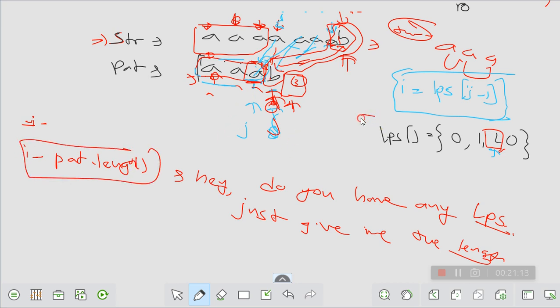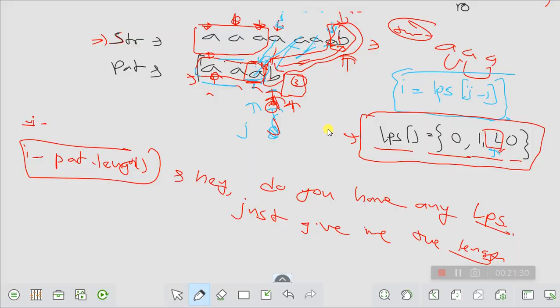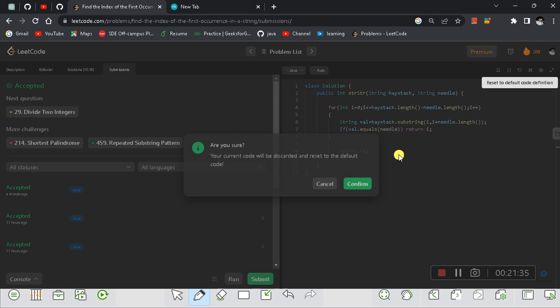Till now, I have not explained how this LPS is being calculated. I have just explained how KMP works if you assume this LPS to be an abstract method. So now I'm going to implement this method, and let me remove this code.